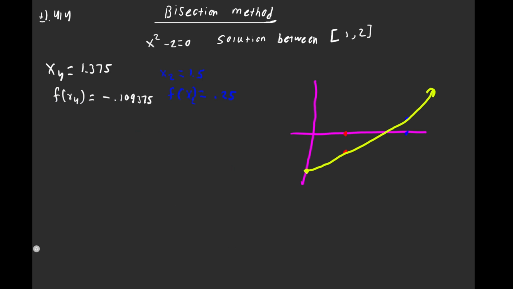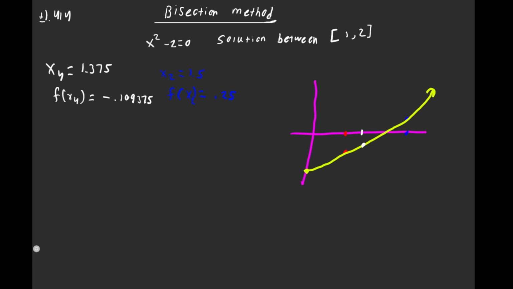And now what we will do is look at our graph on the right side and put our points now. So we see that 1.375 is in this area of the x-axis. So what we will do now is mark that and its y value, which is negative 0.1, somewhere in this area, and 1.5 is still the same and doesn't change.